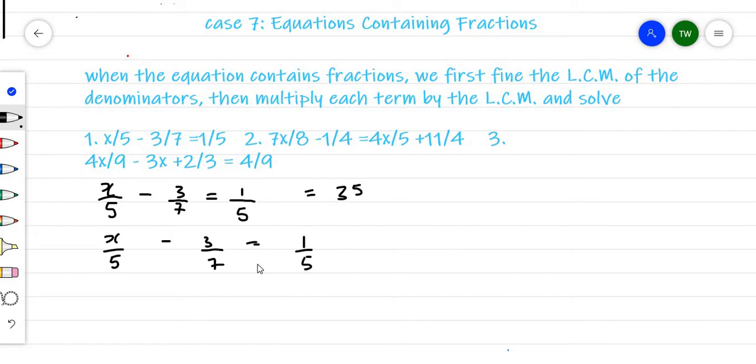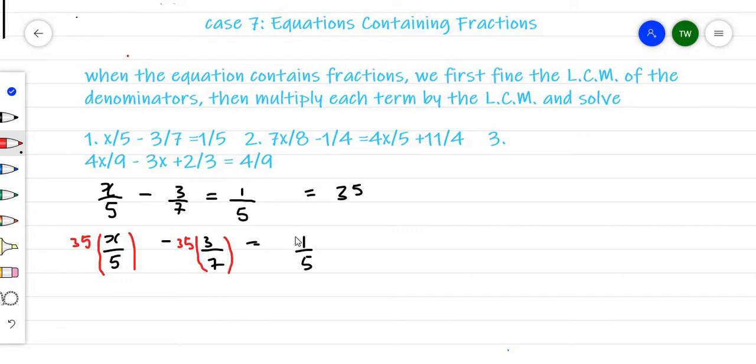Now, I'm going to multiply each term by 35. So I'm going to put this in a bracket and write 35 here. I'm also going to put this term in a bracket and then multiply it by 35.